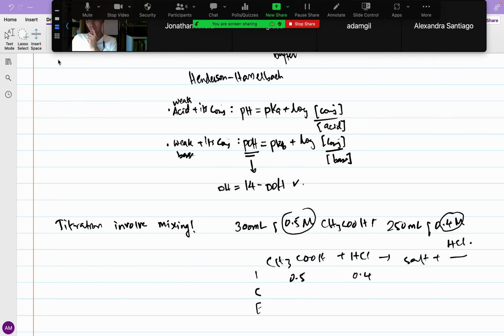But that's not correct. And that's the only problem with titrations. It's that it involves mixing, and when you mix, the overall volume changes, which makes the molarities change. There's dilution happening. Mixing involves dilution. So what's happening here, the 0.5 and 0.4 refer to the acid and the base alone.